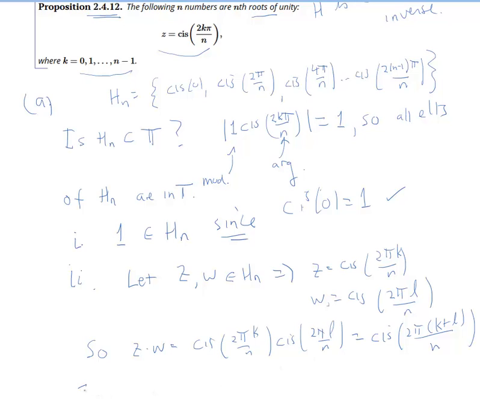Okay, so I could write that as cis of 2 pi times (k plus L mod n) divided by n.